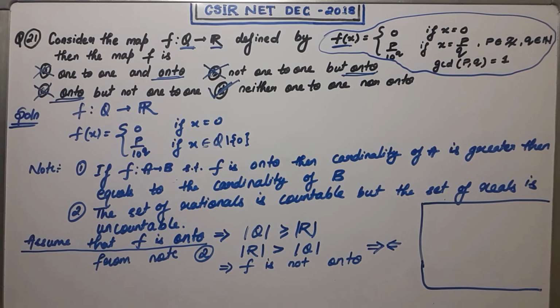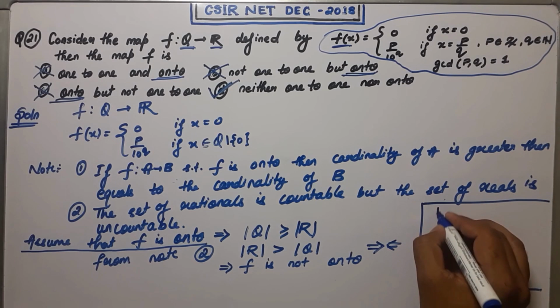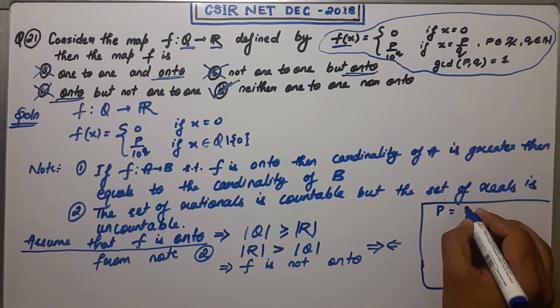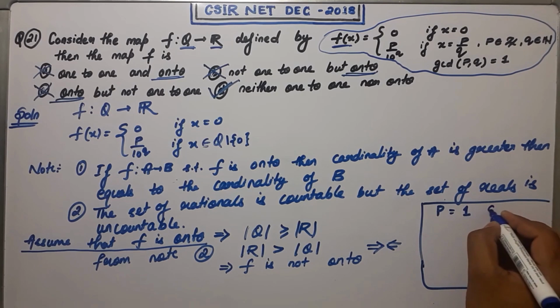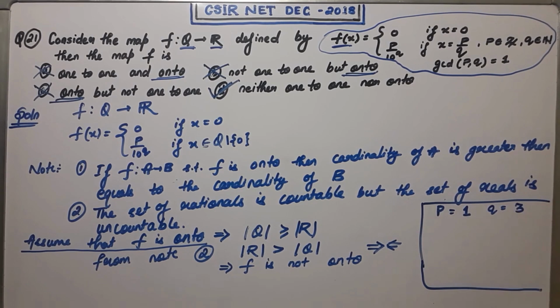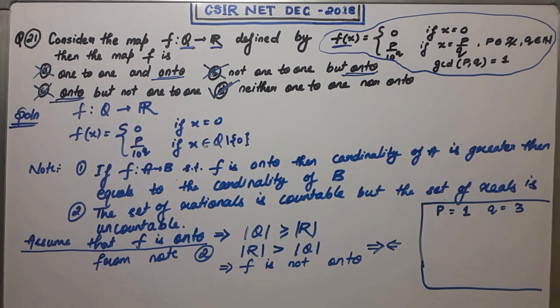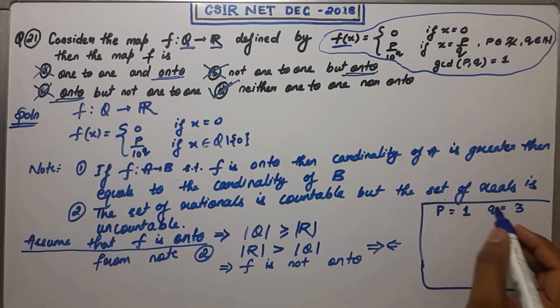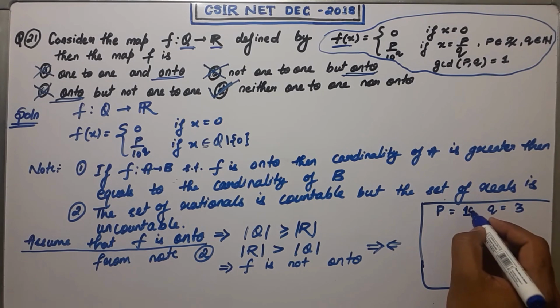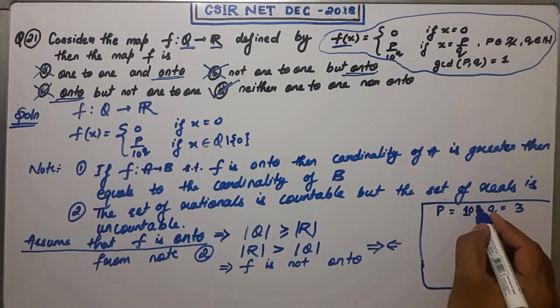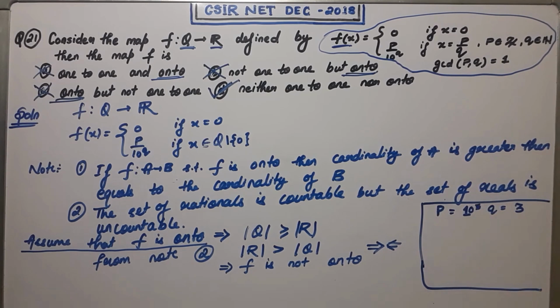Okay, so just use this one, I am writing it here. Take p as 10 to the power 3, that is 1000, and q as 3.